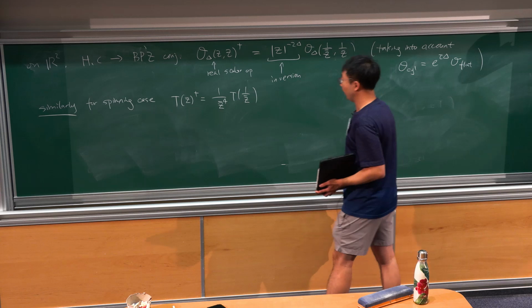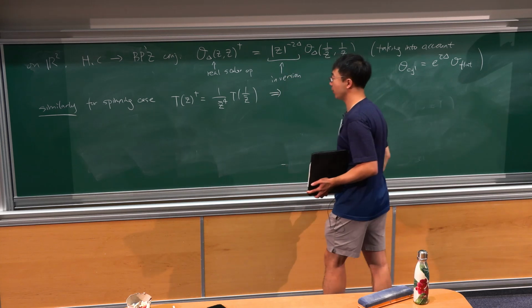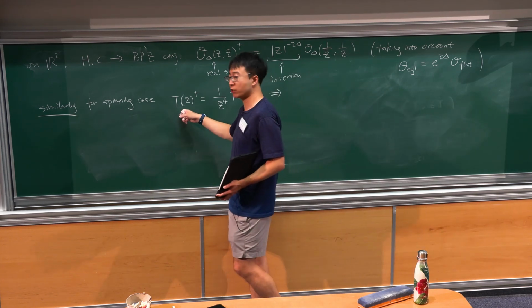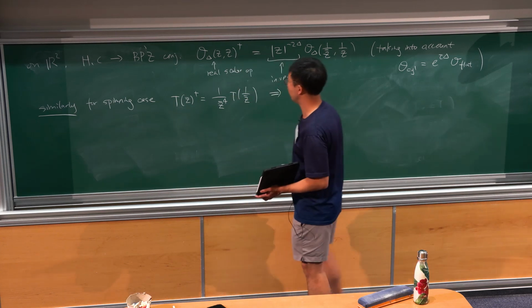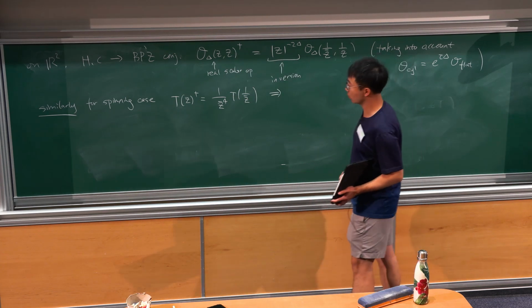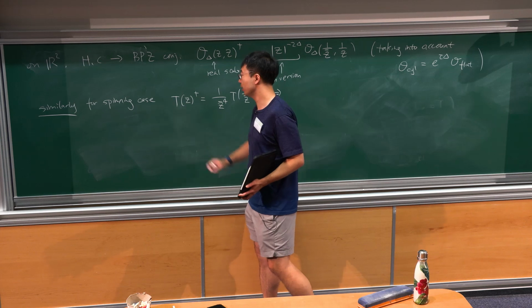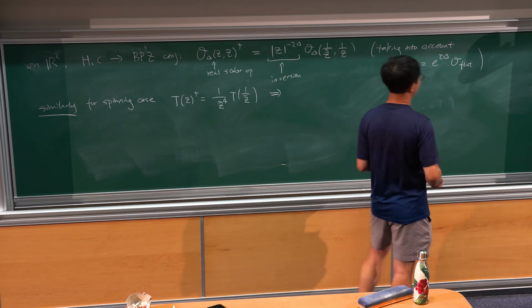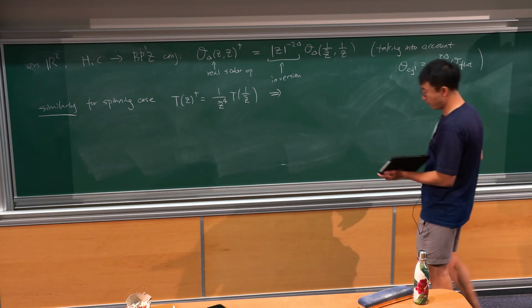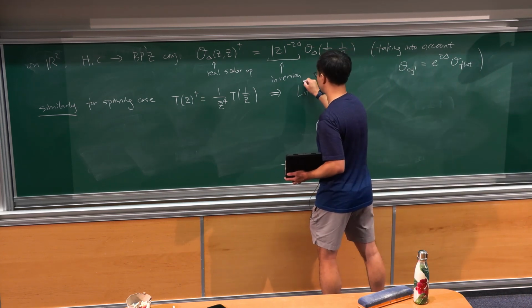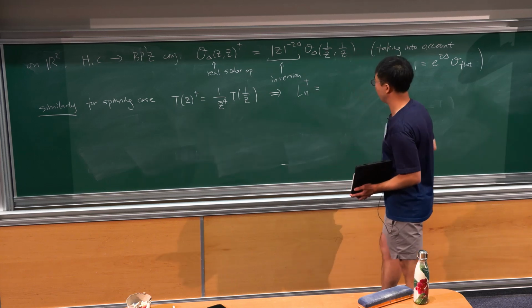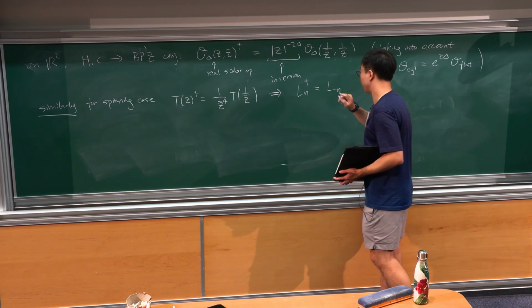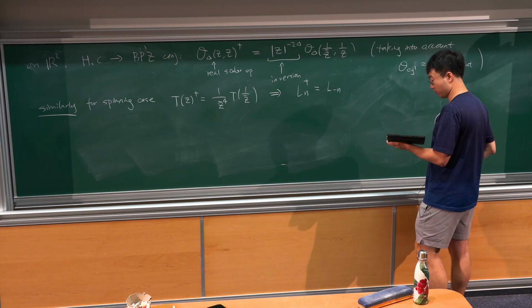And this property, together with the way that the Virasoro generators are related to T by the contour integral, or equivalently by the Laurent expansion of this holomorphic object, you can deduce that the Hermitian conjugate of the Virasoro generators are given as follows. Namely, the Hermitian conjugate of L_n corresponds to flipping the mode number to minus n.